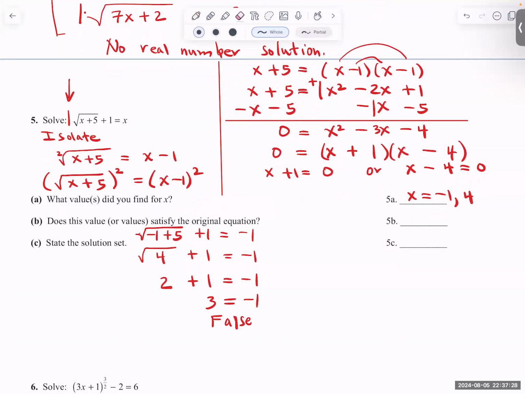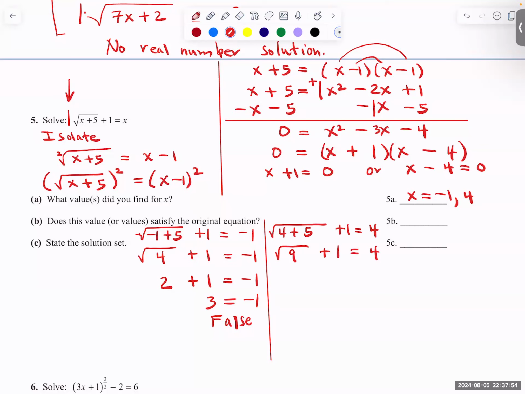So let's check 4. Plugging in 4, we have the principal square root of 4 plus 5, then plus 1. Is that equal to 4? Principal square root of 9, add 1. Does that equal 4? 3 plus 1 is a true statement. 4 equals 4.